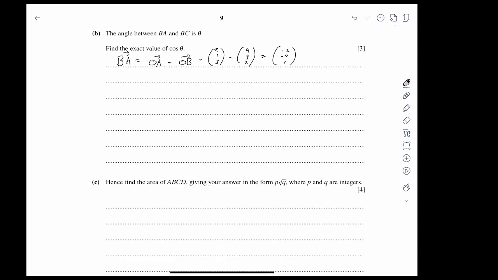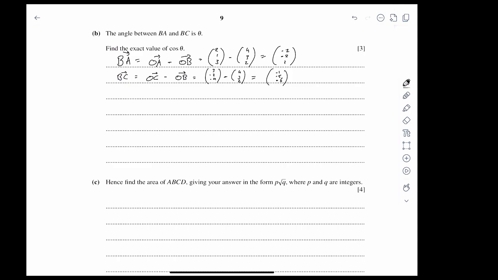BA is equal to OA minus OB, which equals negative 2, negative 2, and 1. BC is equal to OC minus OB, which equals negative 1, negative 5, and negative 6.